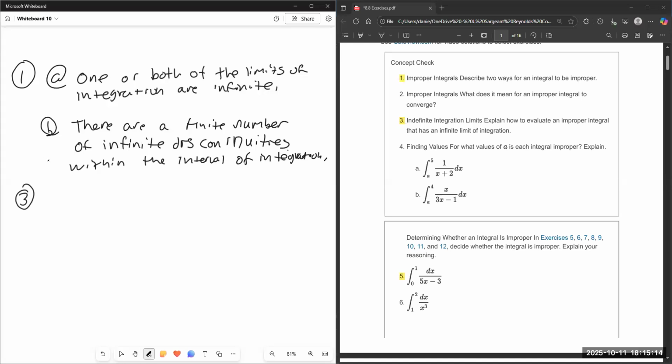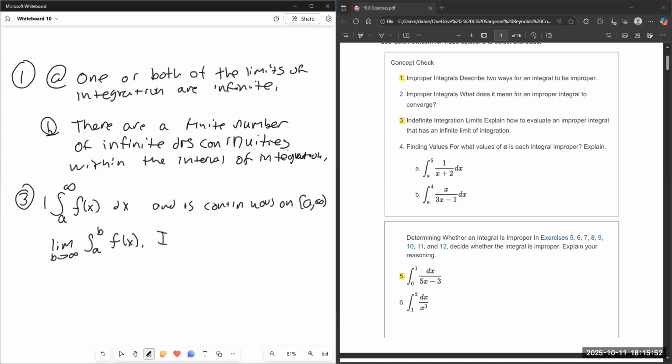We've got if it's in the form of a to infinity, f of x dx, and f is continuous on a to infinity, then we replace the upper limit with a dummy variable b and let b go to infinity.